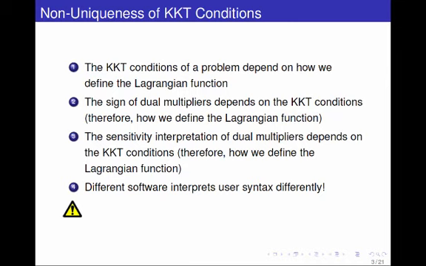Exactly the opposite in CVX. We're minimizing, so we want this to be even lower if we are feasible. Good. Already here, I know I'm going to get different answers from the solver.